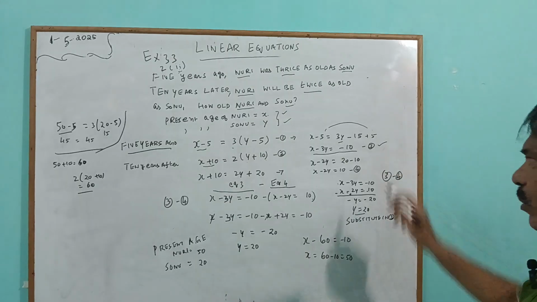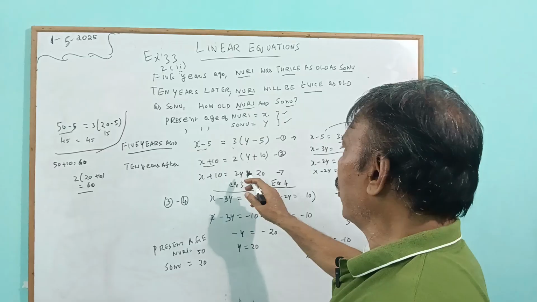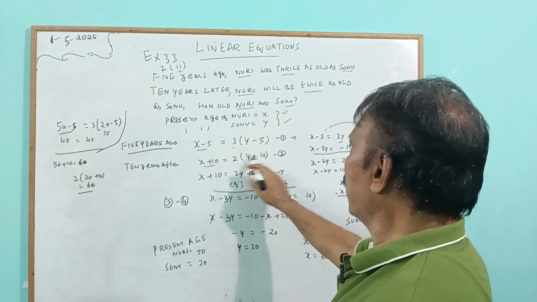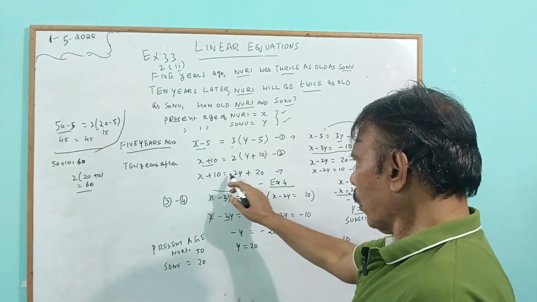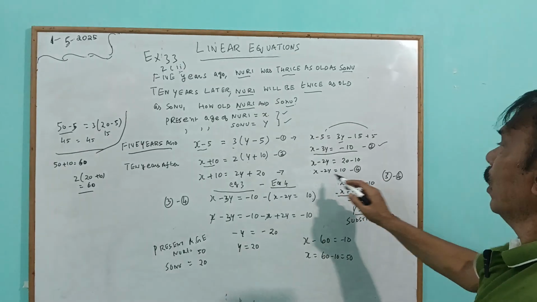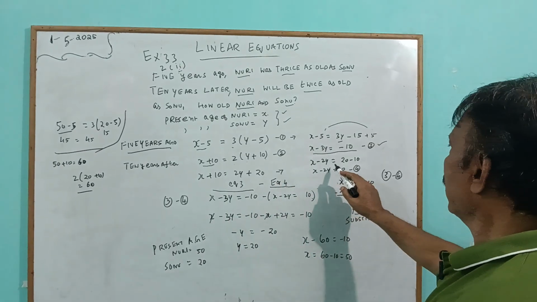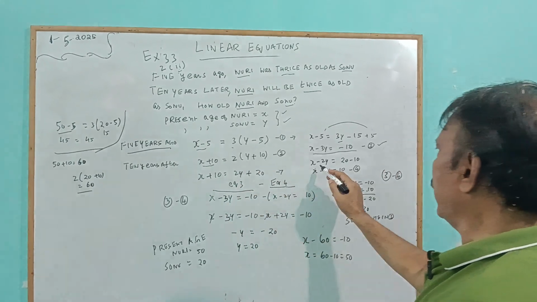Likewise, you have to do here also. x plus 10 equals 2 into y plus 2 into 10, 20. So x plus 10 equals 2y plus 20. See what happens? This 2y goes there, x minus 2y.